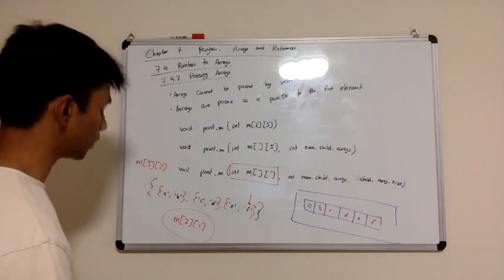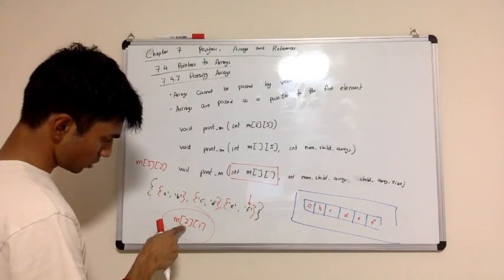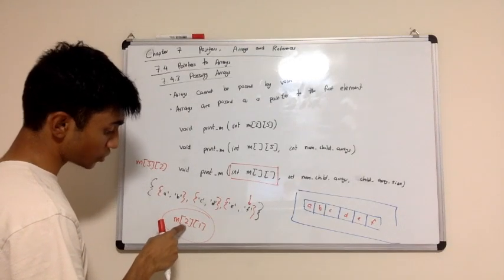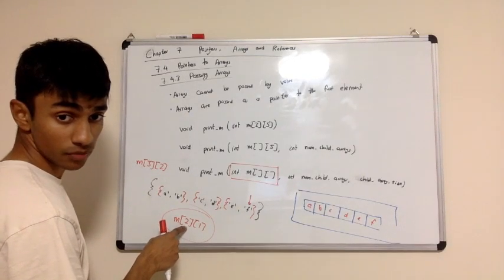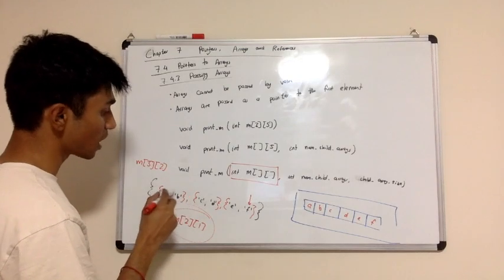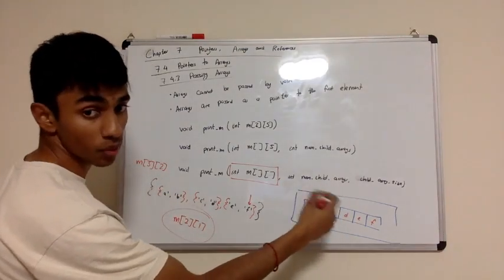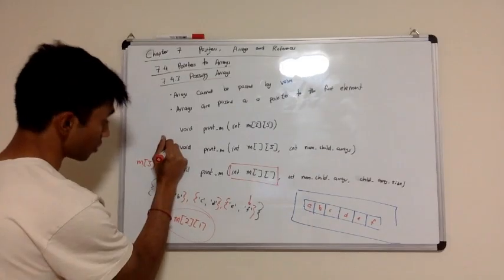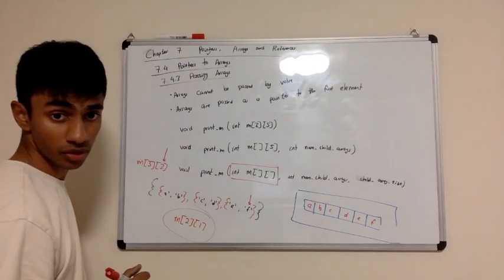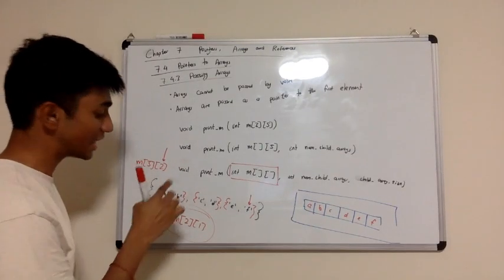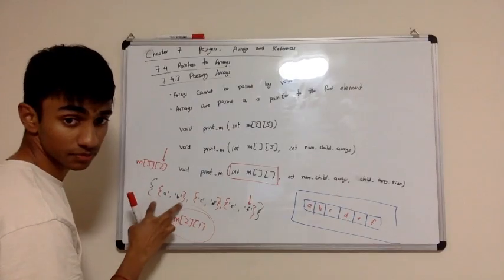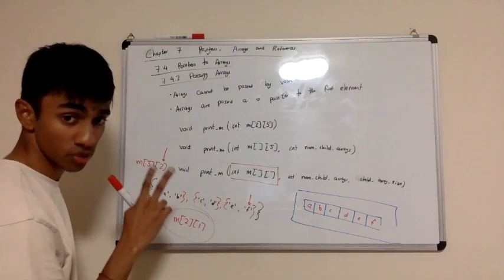Well, the compiler looks at this and says, I want to skip the first 2 child arrays. How many elements do I have to actually skip in terms of memory? It looks at that second dimension and says each one of these guys has a size of 2.